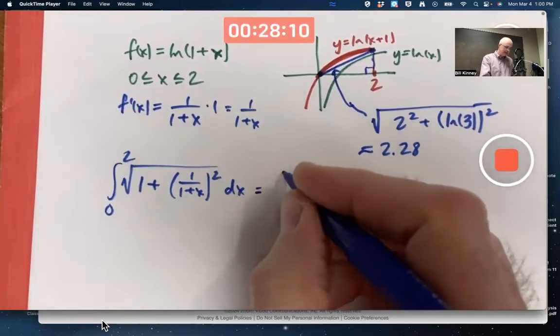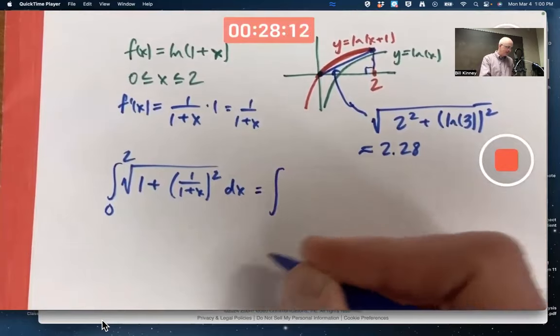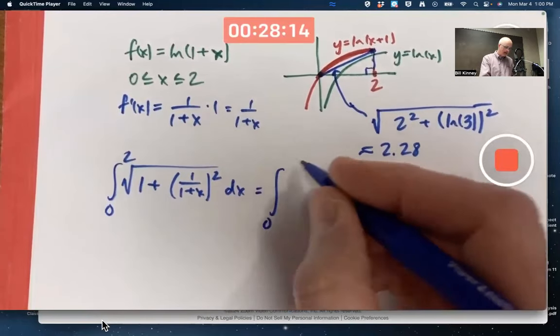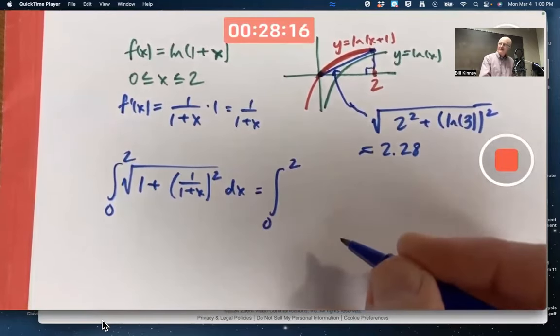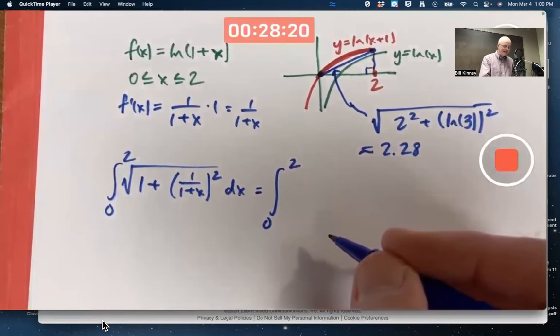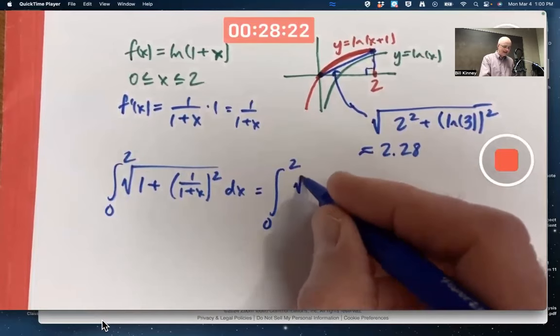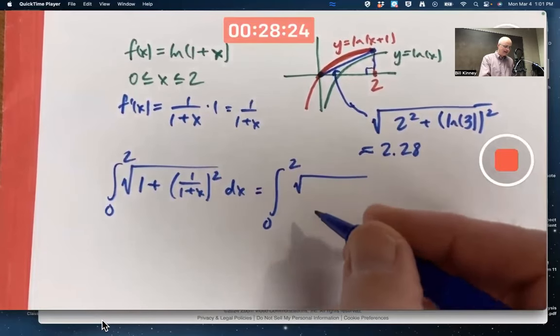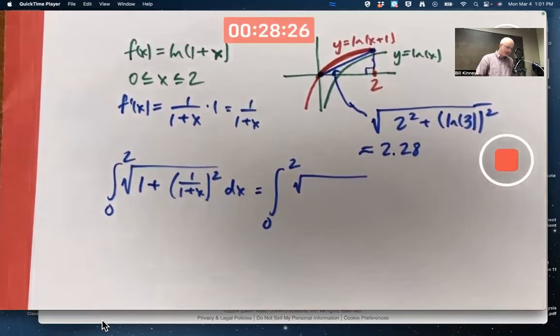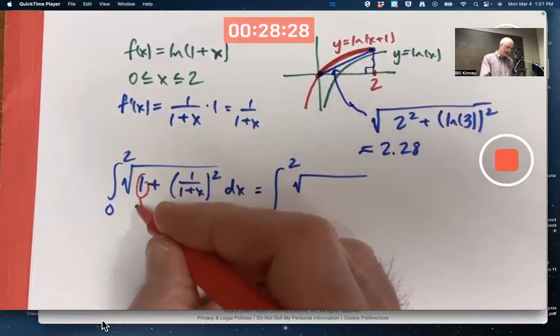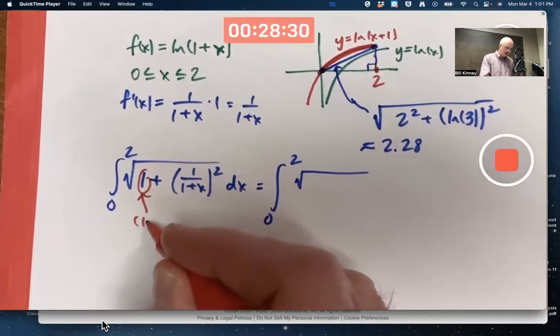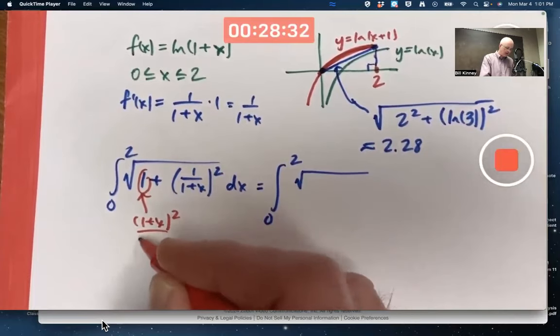Doesn't look like it's possible, but amazingly it actually is, though it's not easy. I can write 1 as 1 plus x squared over 1 plus x squared.